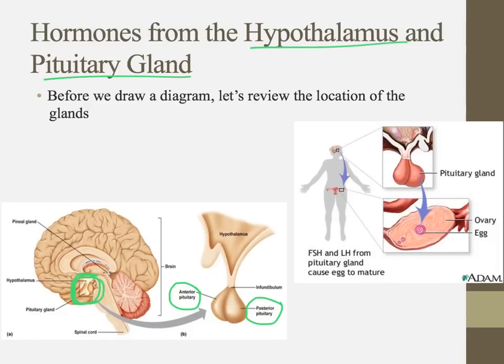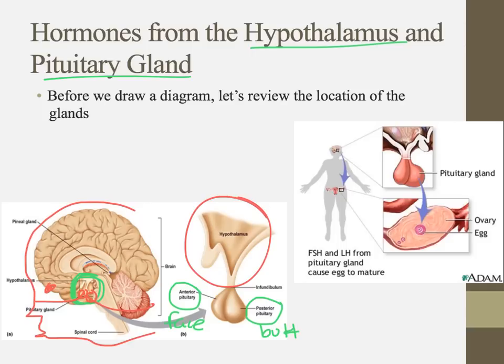Posterior is nearest to your butt end, anterior is nearest to your face end. So if I'm looking at this person, here would be their nose and mouth, because the anterior portion of the pituitary gland is closer to the front and the posterior closer to the back. They're both hanging on to the hypothalamus.